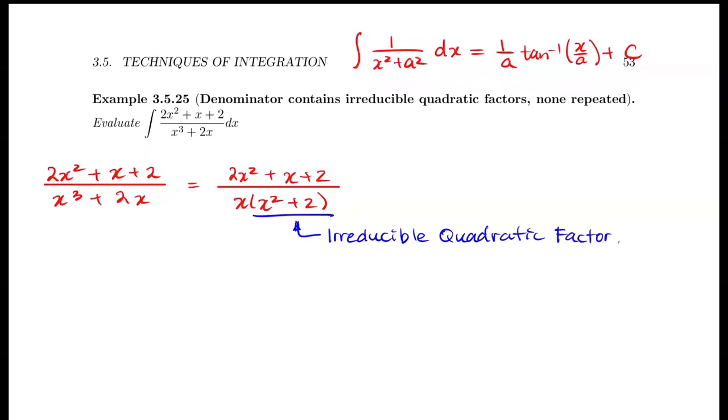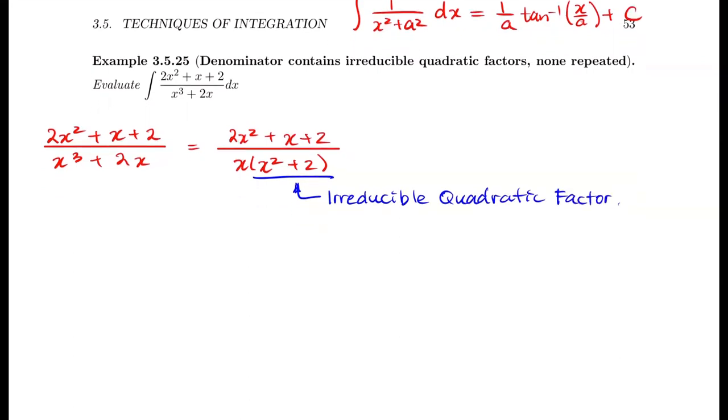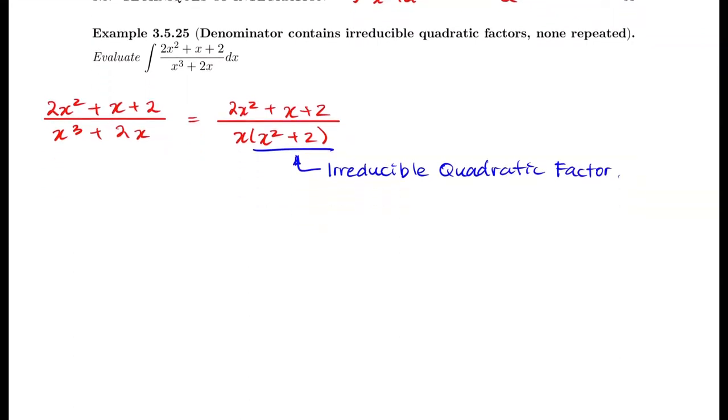So in this case, we're still going to break them up into linear terms. So we're still going to have an A. For the first one, that's going to be A divided by x. But for the second one, I'm going to write the second term as bx plus c divided by x squared plus 2.